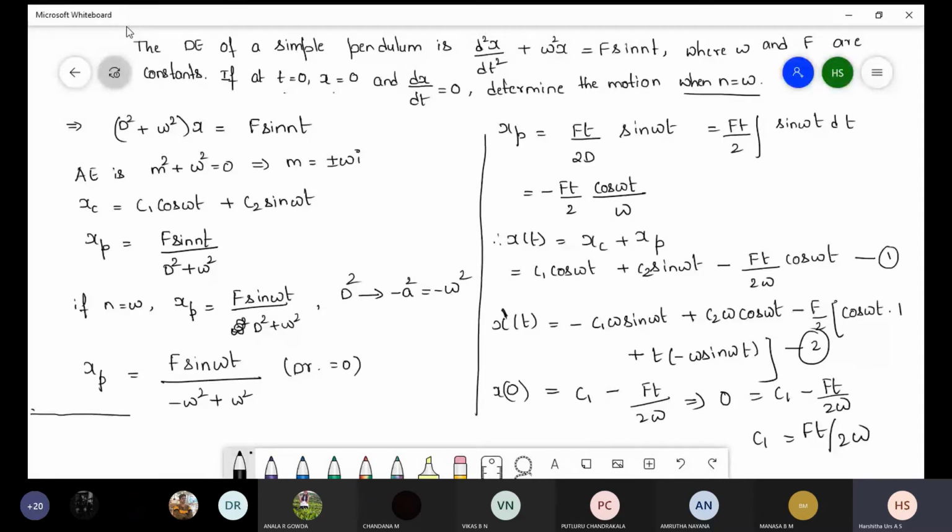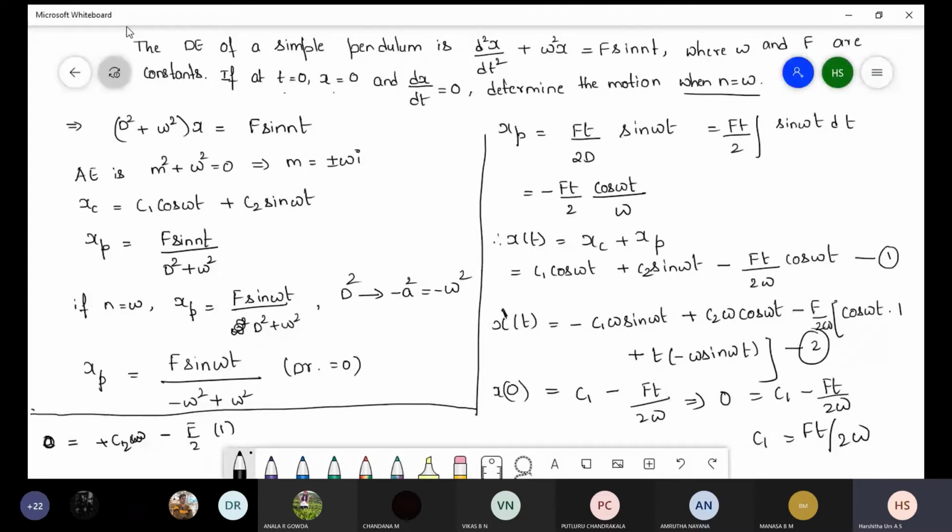Next, to find x'(t), dx/dt, they have directly given 0. Substitute in equation 2. So dx/dt is 0. Again t = 0 means minus C1w sin 0, plus C2w, minus f by 2 into 1 into 1.